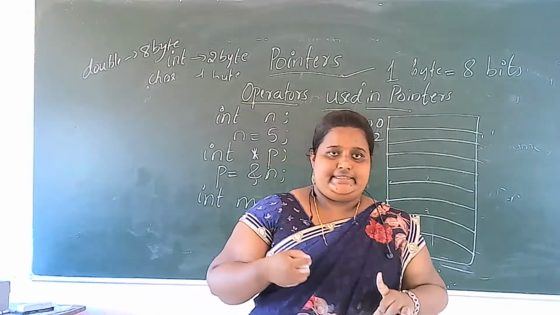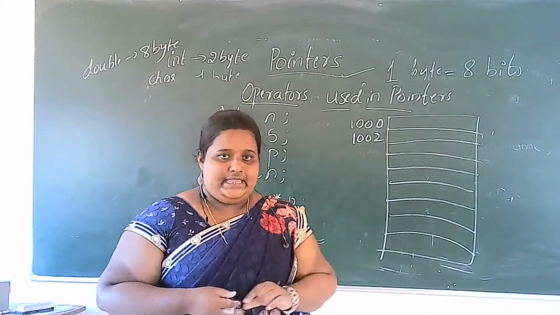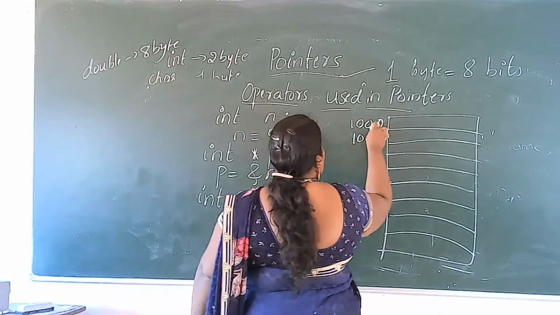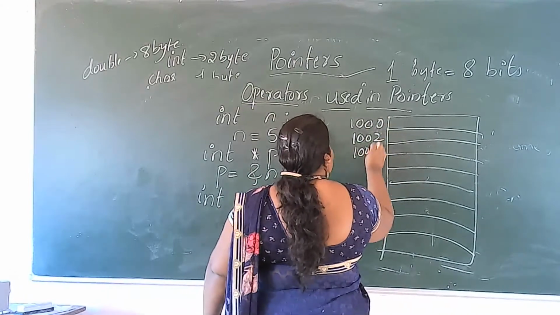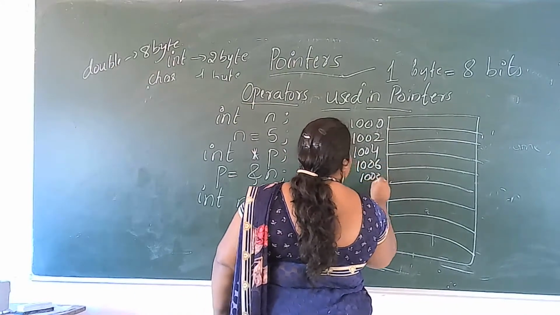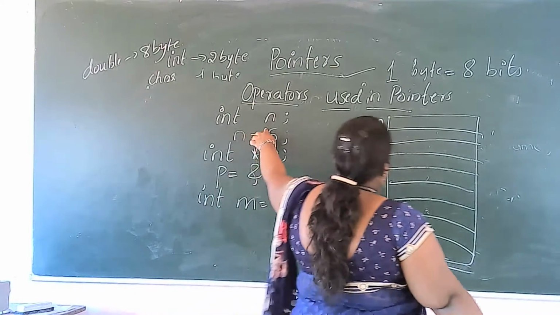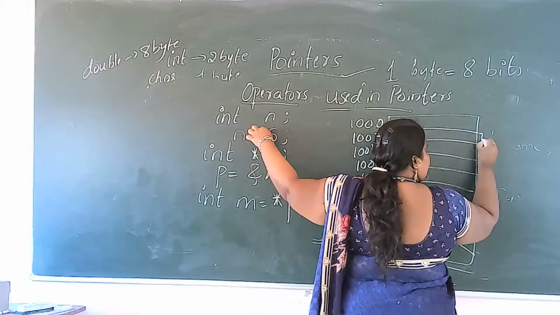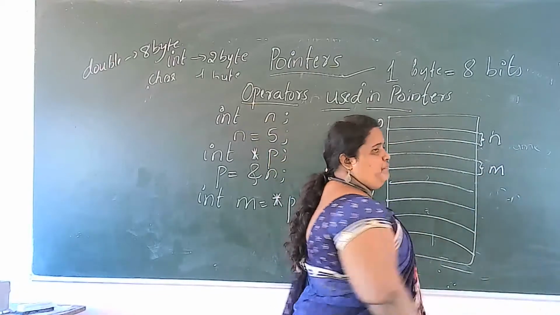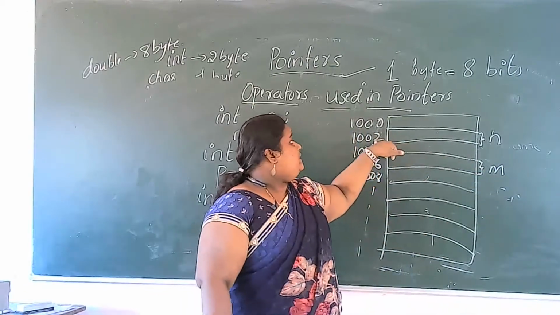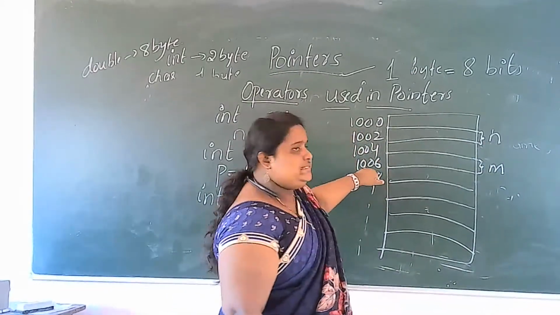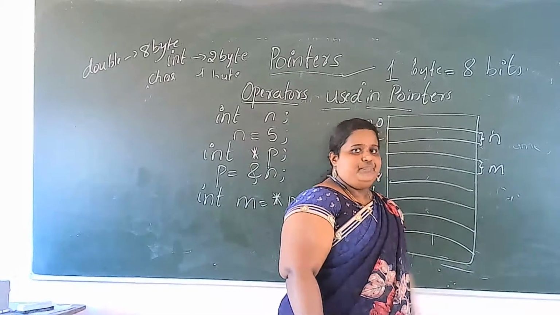Each block is of size 1 byte. Since integer gets 2 bytes allocated, I am merging the memory blocks here and writing 1000, 1002, 1004, 1006, 1008. Suppose memory 1002 is allocated for the n variable and 1006 is allocated for the m variable.